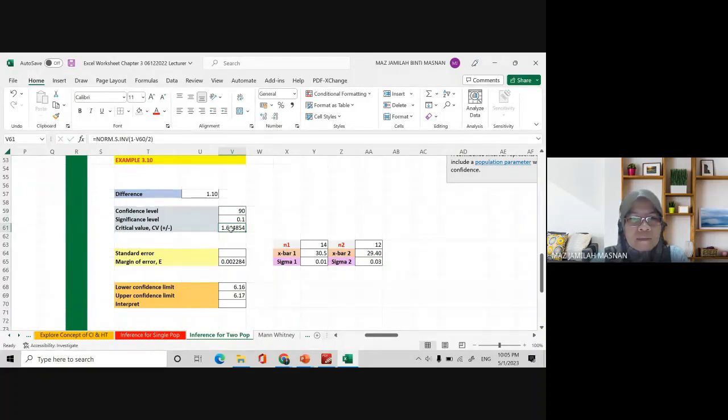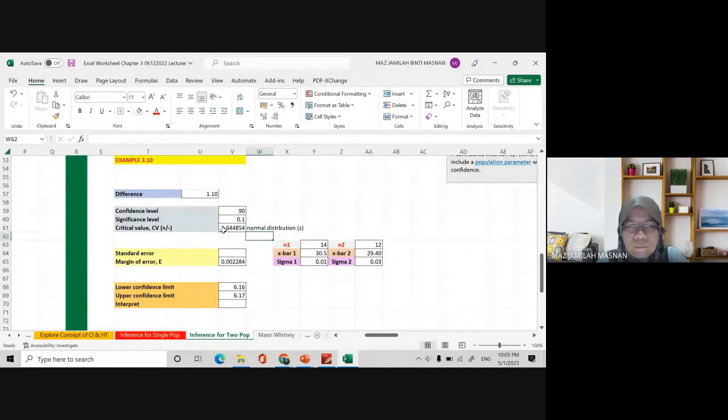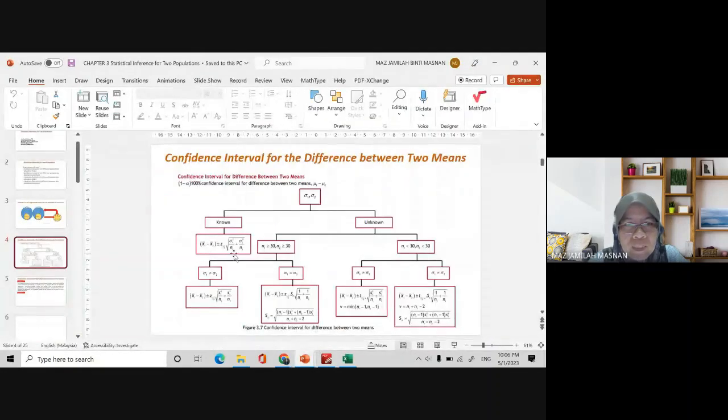In this case, we are now using the Z distribution, or normal distribution, the standard normal. So 1.6449 is the same as what you have in your textbook, page 110. Now, the margin of error. For this margin of error, we are referring to this particular formula, the simplest one: square root of sigma 1 squared divided by n1 plus sigma 2 squared divided by n2.